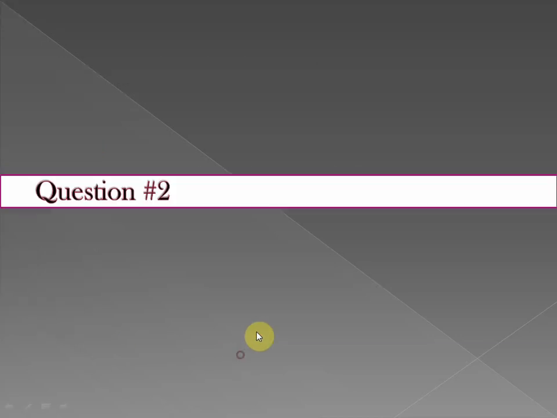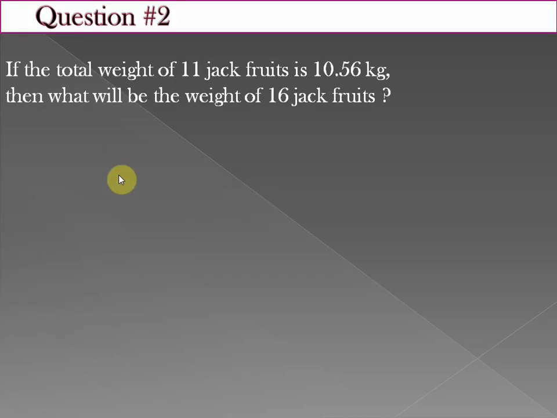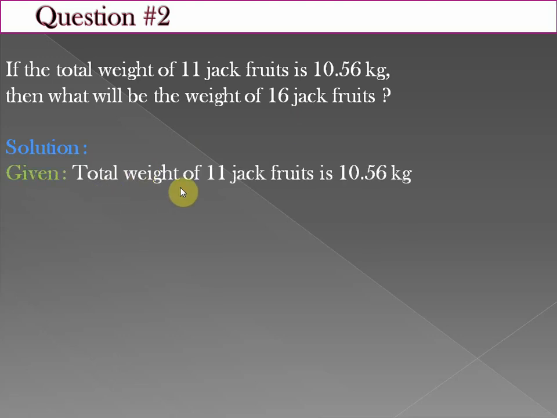Next, moving on, question number 2. If the total weight of 11 jackfruits is 10.56 kg, what will be the weight of 16 jackfruits? He gave us the weight of 11 jackfruits and is asking us to calculate for 16 jackfruits. So as in the given data, the total weight of 11 jackfruits is 10.56 kg.